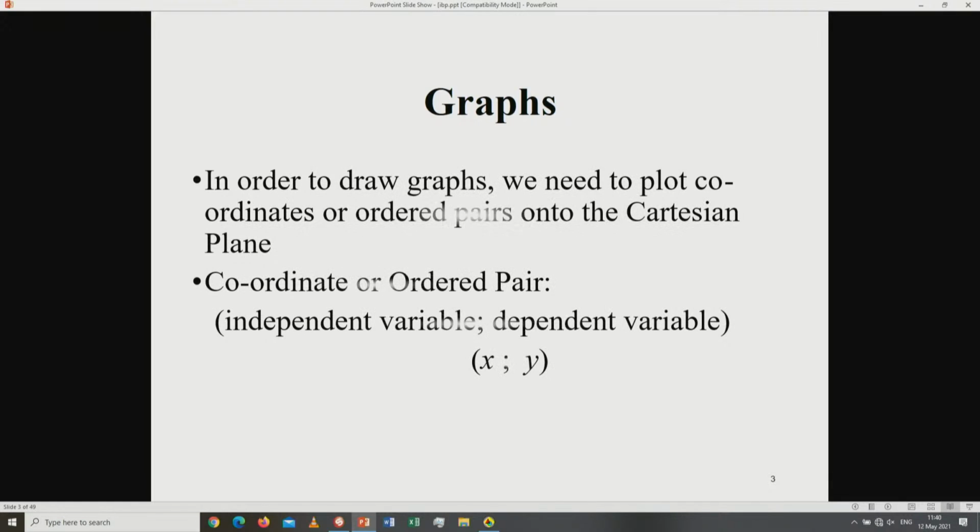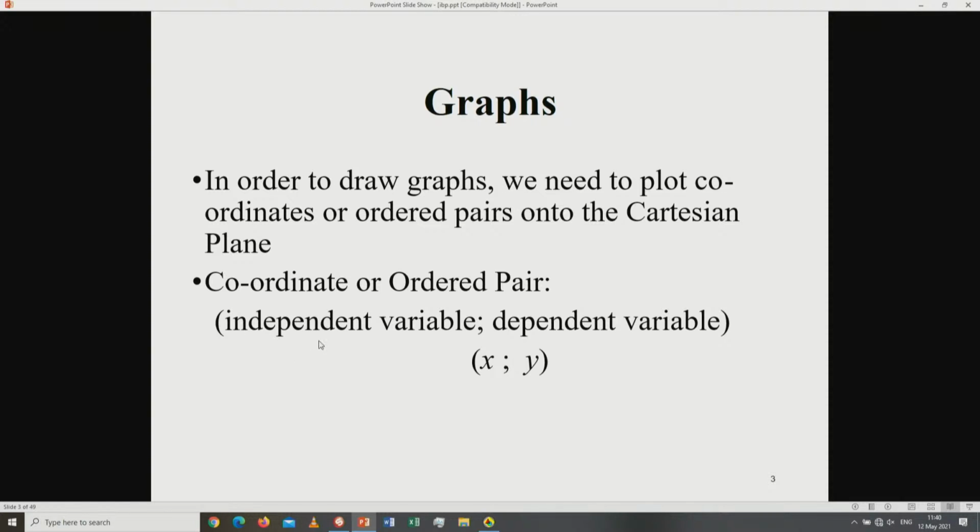Now, let's zoom into the graphs. In order to draw graphs, we need to plot coordinates or ordered pairs on the Cartesian plane. Very, very important. We've got a coordinate or ordered pair. What is it that we need in that coordinate?